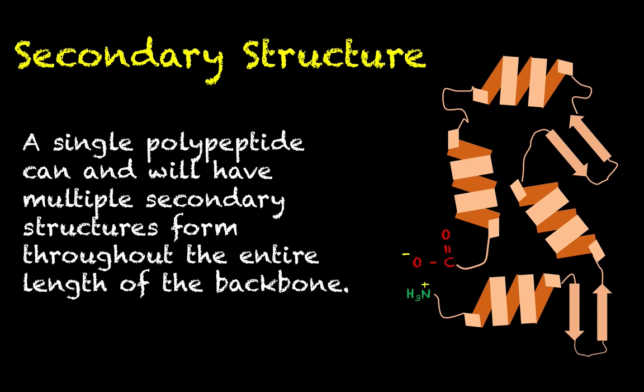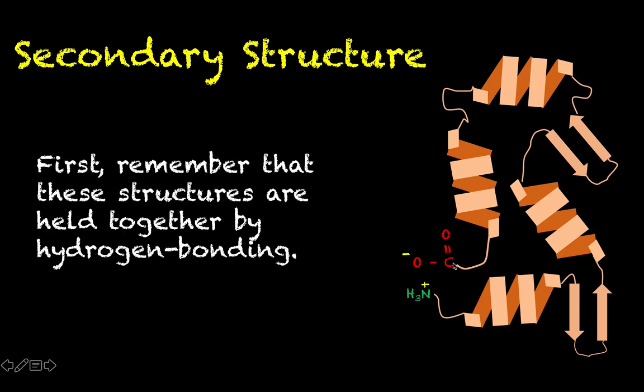So a single polypeptide can and often will have multiple secondary structures formed throughout the entire length of the backbone. In this illustration here, we can find the beginning of the protein here, which is the N-terminus. We can see quickly we form an alpha helix here, then a couple of beta sheets, then another alpha helix, another set of beta sheets, and then 2 more alpha helices before we eventually reach the C-terminus or end of the protein here.